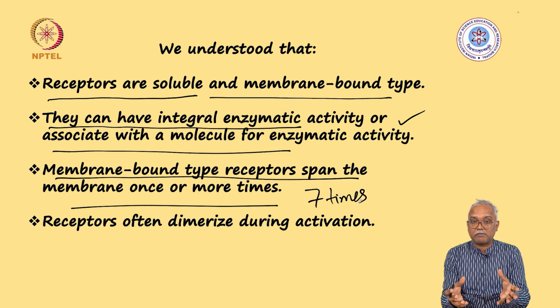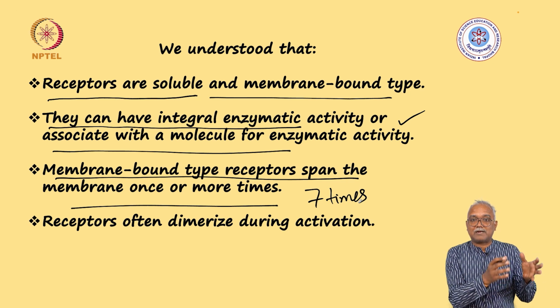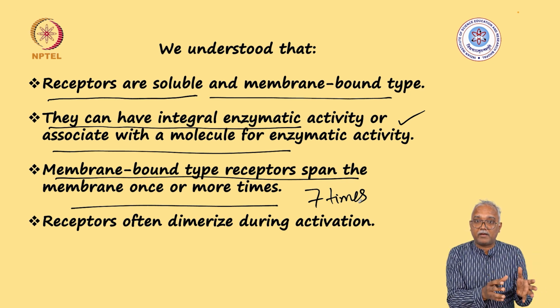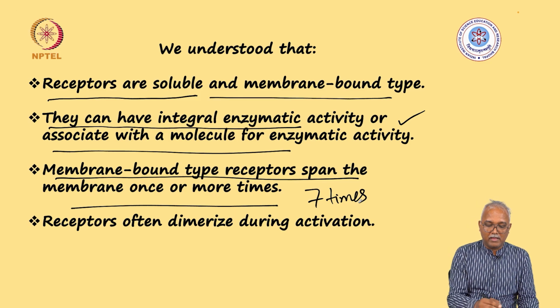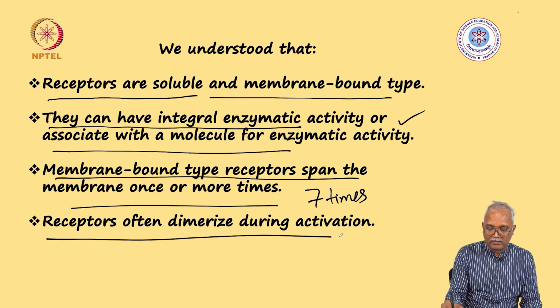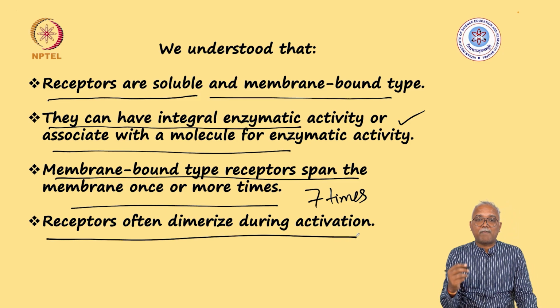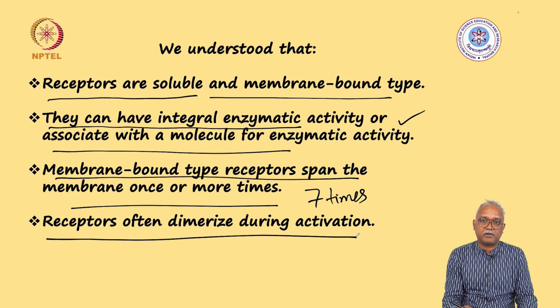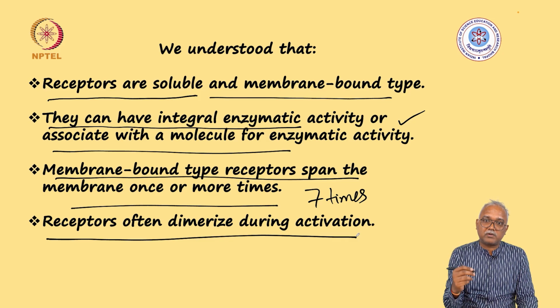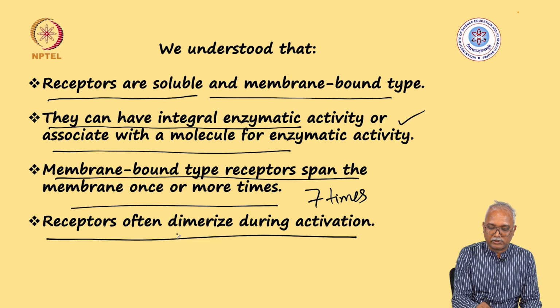So what you would have understood by now is that receptors could be classified based on how they appear, what kind of domain they carry outside for signal binding, what kind of domain they carry inside for enzymatic activity, and how many times they are passing the membrane. And one of the most important things which I mentioned is that the binding of signal to the receptor must activate the receptor, and one of the earliest steps towards that is the dimerization of the receptor.